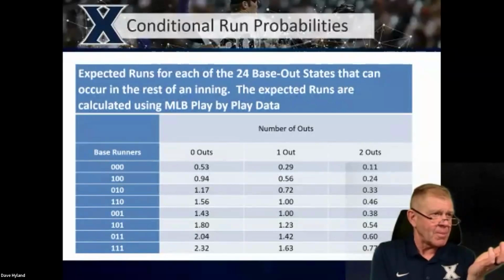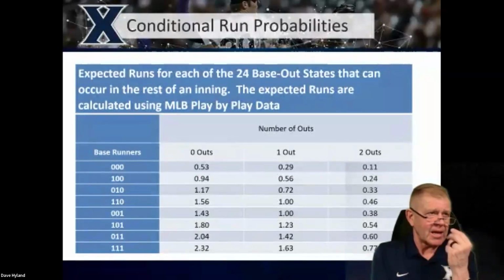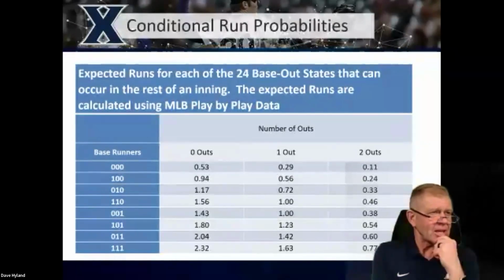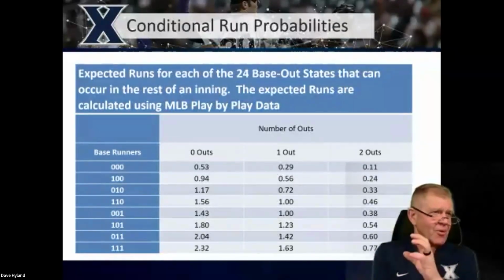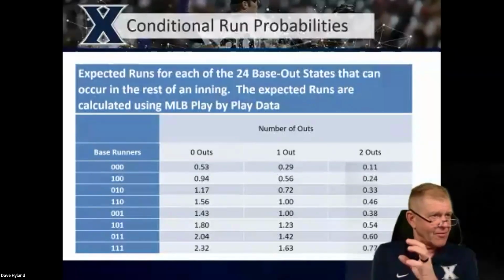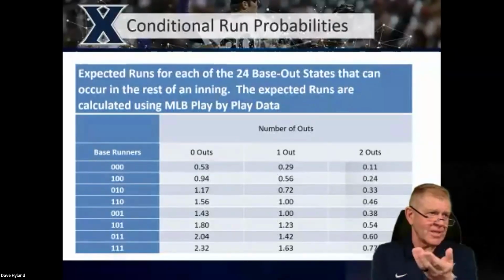Paul Pavitt says, how would you recommend going about trying to get wOBA factors for college baseball? One of the things you should take away from this is, if you don't have wOBA and you're trying to evaluate, OPS is really almost as good.